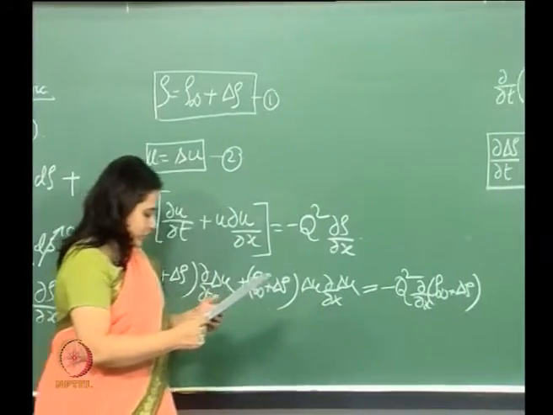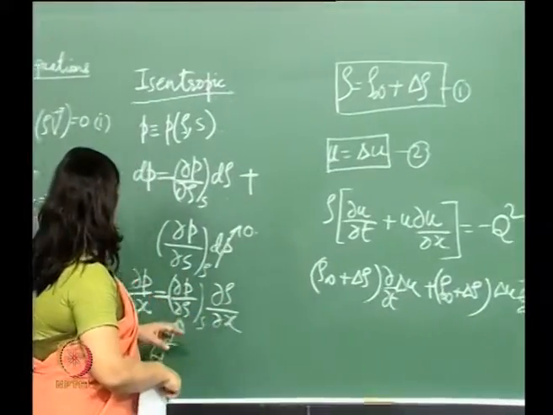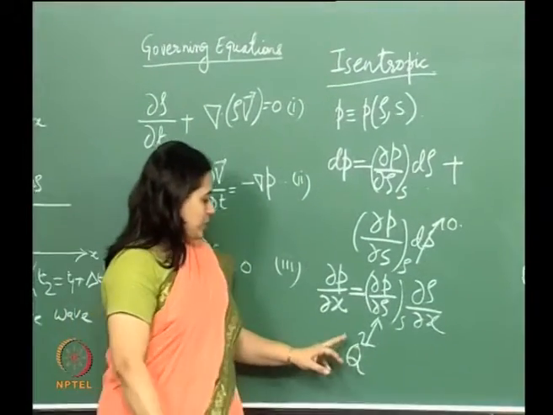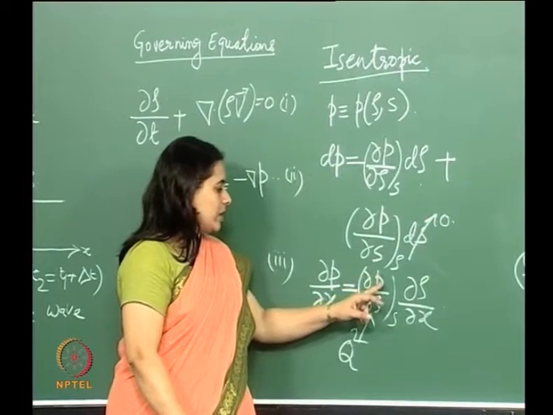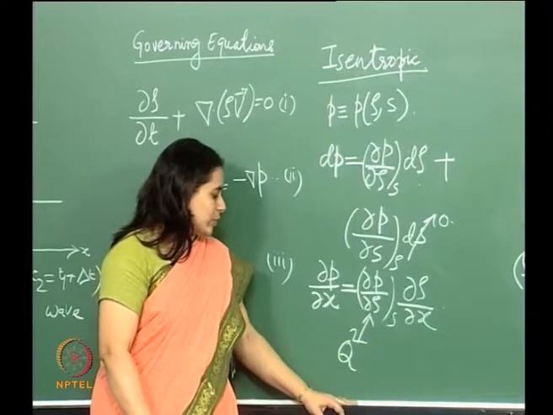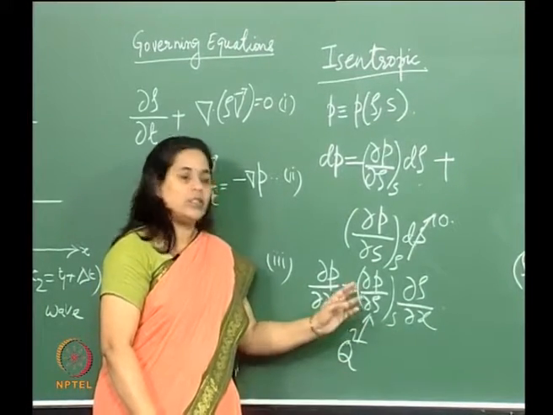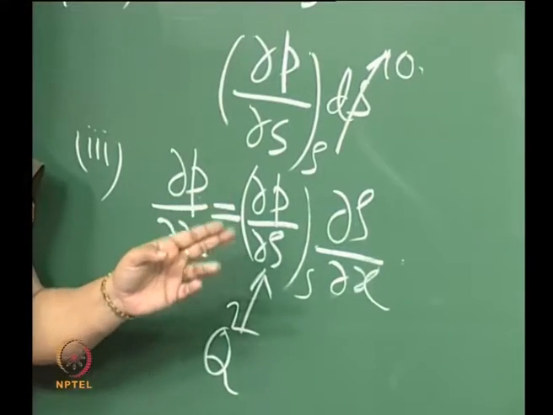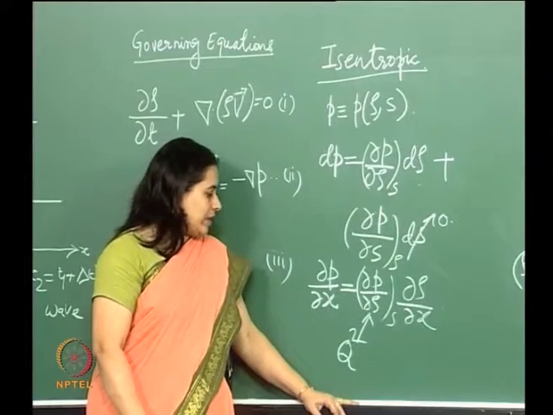So, let us go back and see. We defined q square as a derivative of pressure with respect to the density at constant entropy. So, we can also say that we are looking at the change in pressure corresponding to a change in density, so del P del rho.